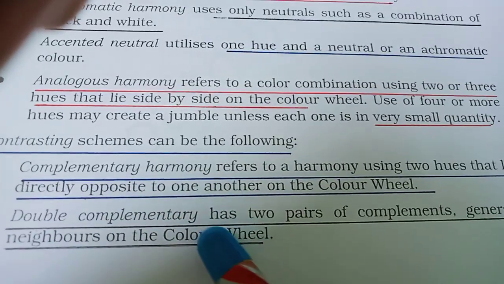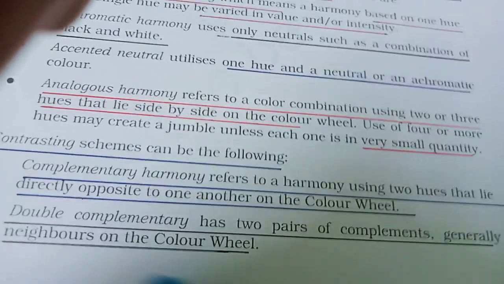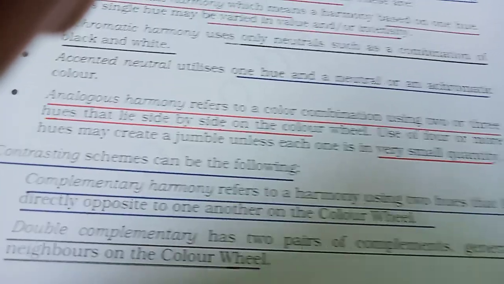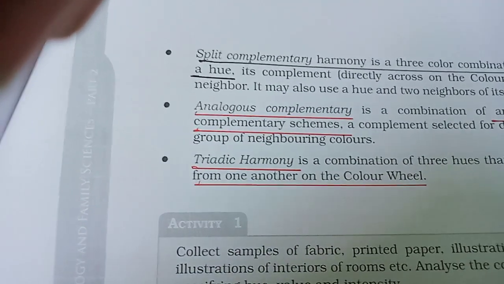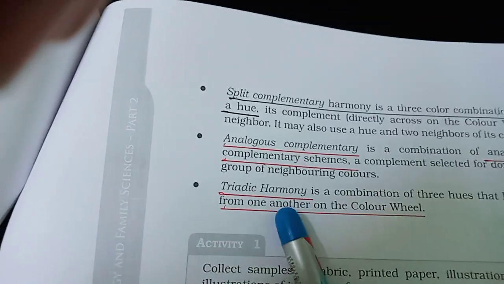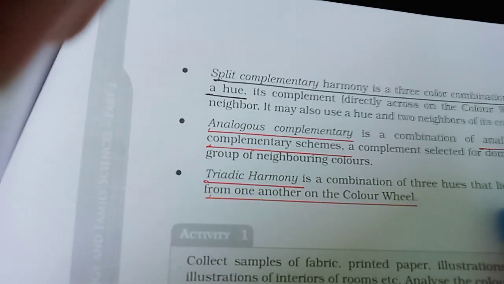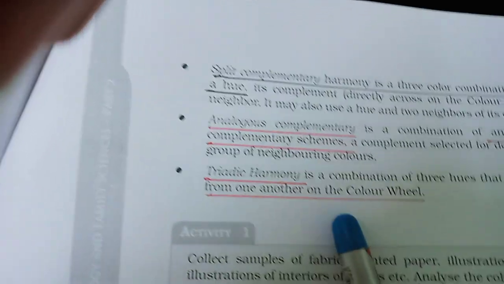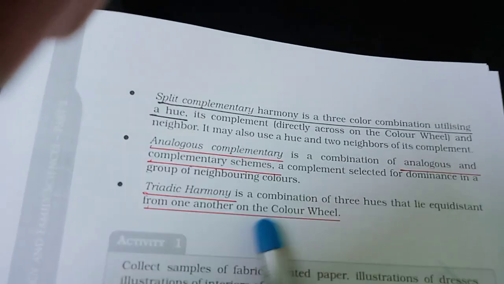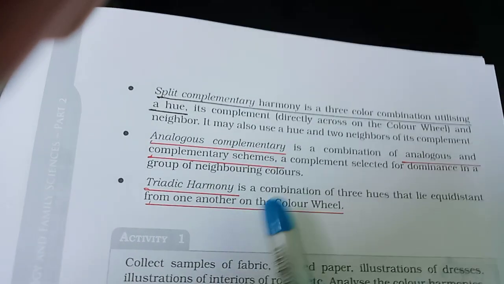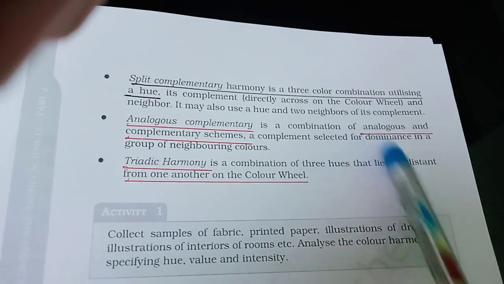So double complementary has two pairs of complements generated by neighbors on the color wheel. Now there are again split complementary, analogous complementary and triadic complementary. So this triadic harmony uses three hues that are equidistant from one another on the color wheel. So three colors are chosen from the color wheel which are equidistant on the circle.